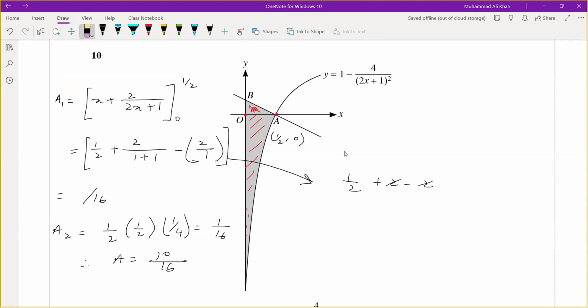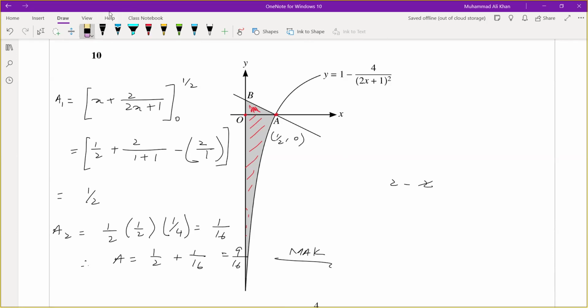It is not 9/16. It is half. Here it is 1/16. So half plus 1/16. The final answer is 9/16. This is the final result.